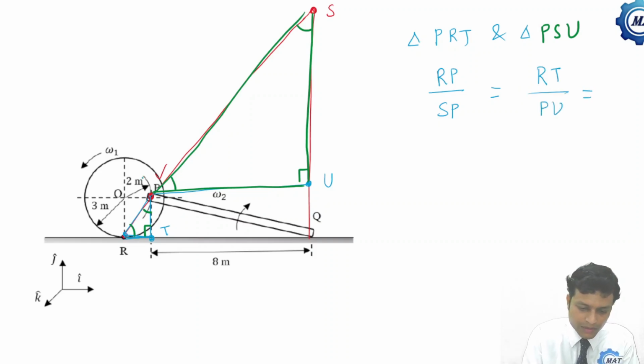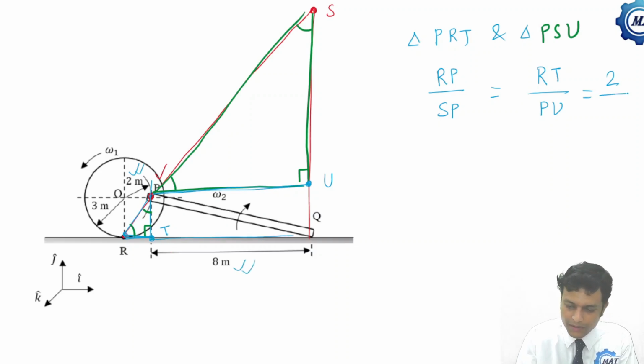RT is what? This is 2 meter, it is given. So 2. And what is PU? PU is nothing but this. This is 8 meter, it is given. So 1 by 4. That is 0.25.